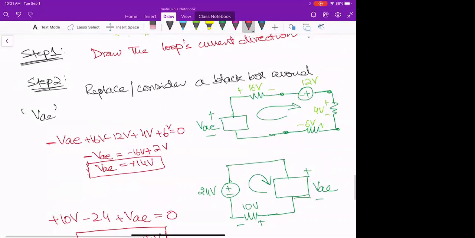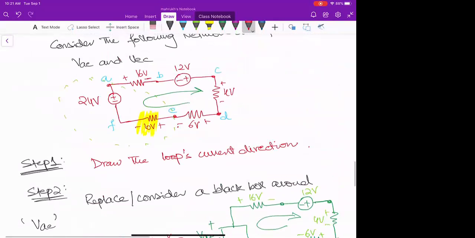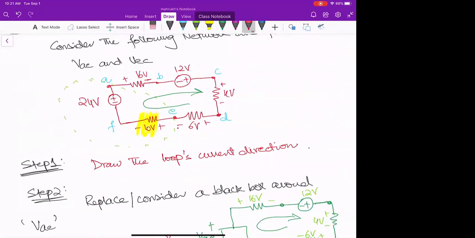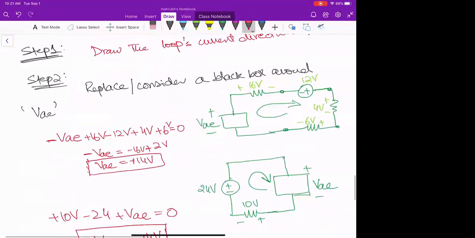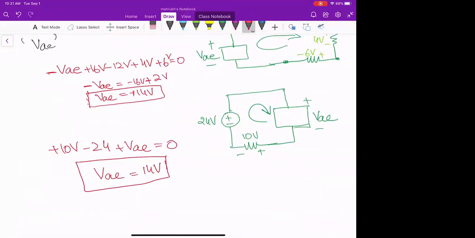Yes. And another thing I want to explain, I think I just got the thing that you were asking. Someone was asking, how do you know where to put the positive and negative sign, right? Who was that? That was me. Okay, Aiden. So Aiden, do you remember that we have defined that VAB is VA minus VB, right?